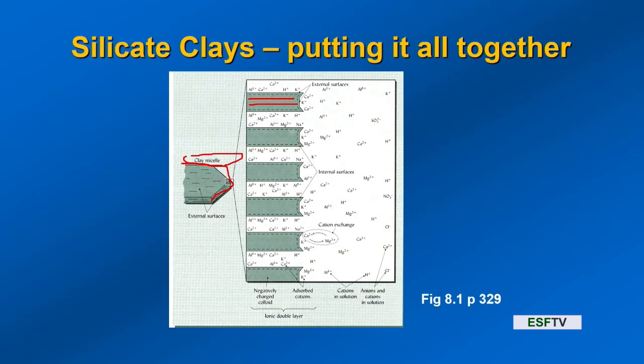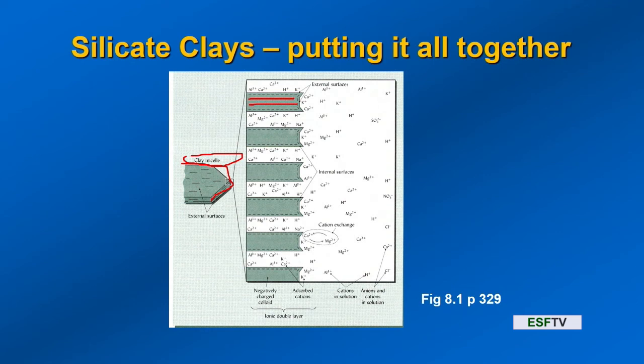This illustrates the difference between external surface area and internal surface area. If we just look at this crystal, it has an outside, and this is the external surface. If we look at the mineralogy of this crystal, we see that it is built to have a lot of internal surface area. Here's a little piece.